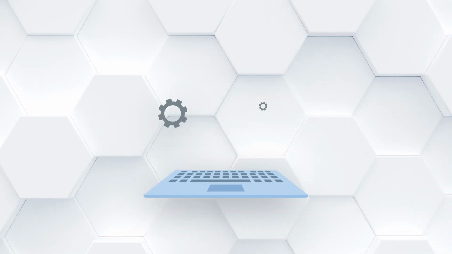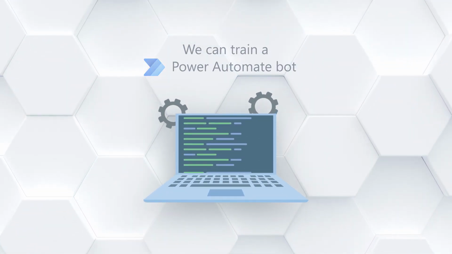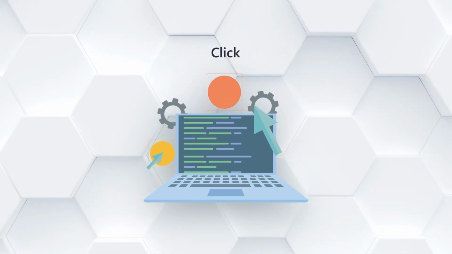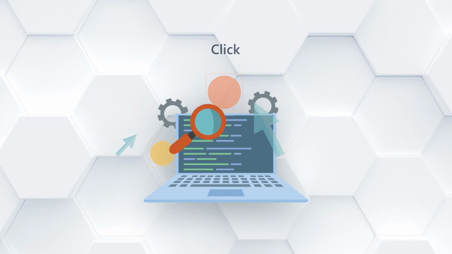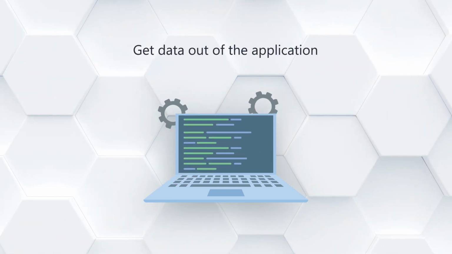How does that work? Yes, so we can use Power Automate desktop flows to actually mimic the actions of a real human. We could train a Power Automate bot to log into that application, click where it needs to click, maybe do some searches, and get data out of that application.